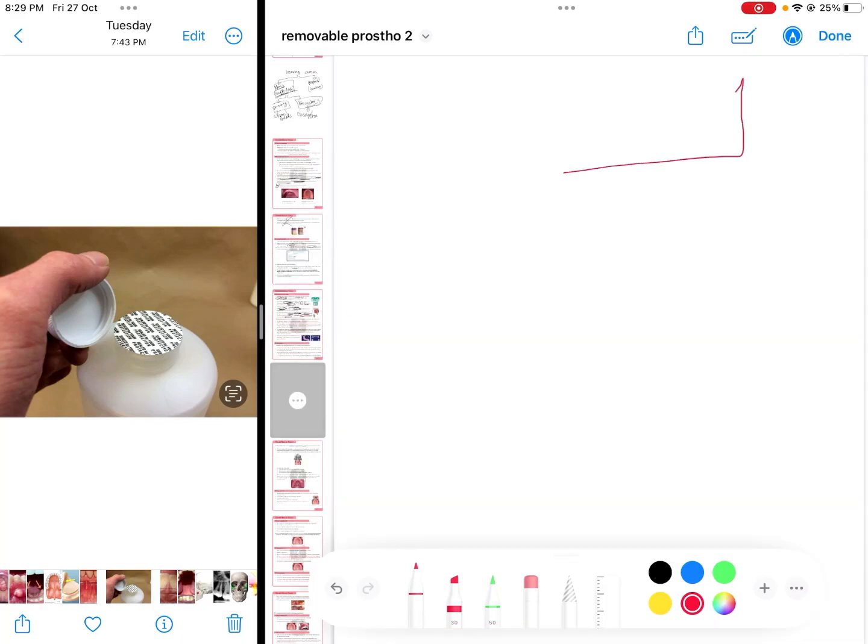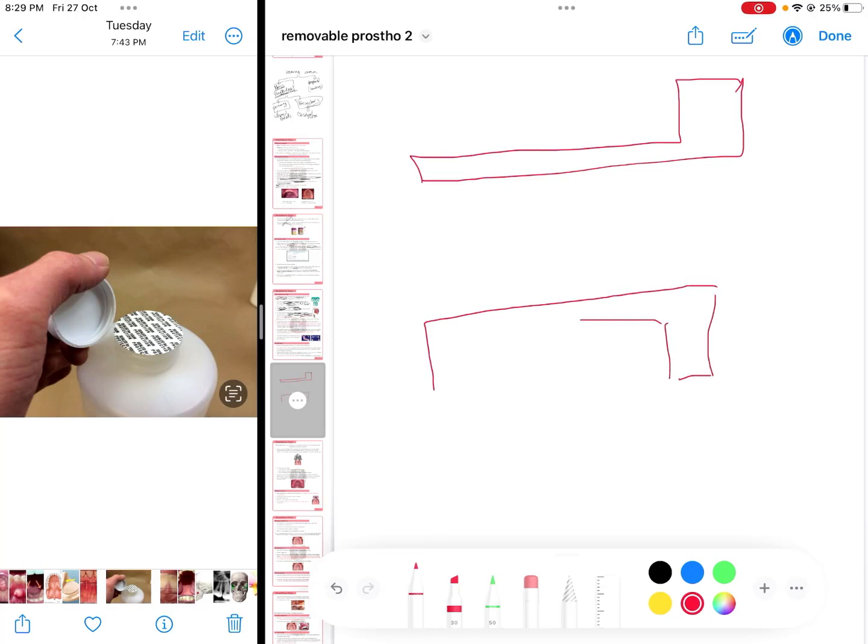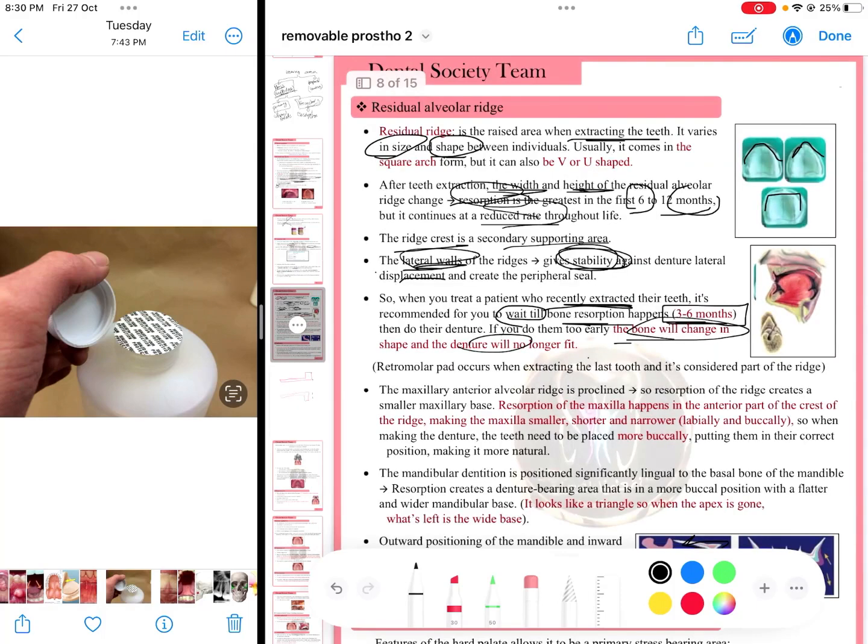If this is the maxilla, and here we have the mandible, as we know the maxilla is more proclined than the mandible, right? You know that the upper central incisors are in front of the lower. So this is the meaning of the first sentence: the maxillary anterior alveolar ridge is proclined.